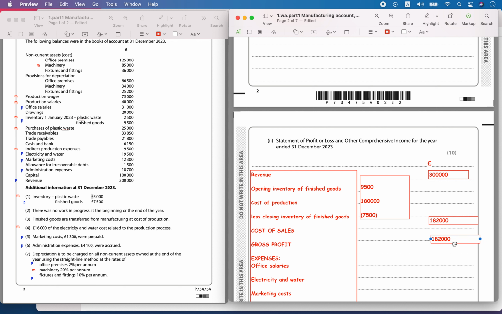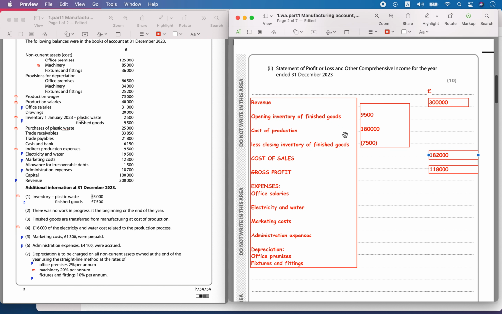The gross profit is going to be revenue minus my cost of sales, which is going to be 118,000. So revenue minus cost of sales will give you gross profit.